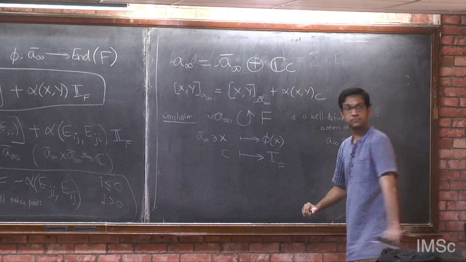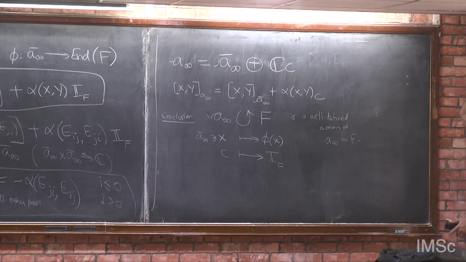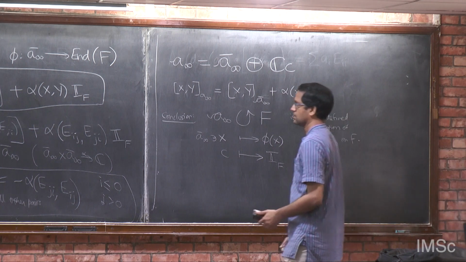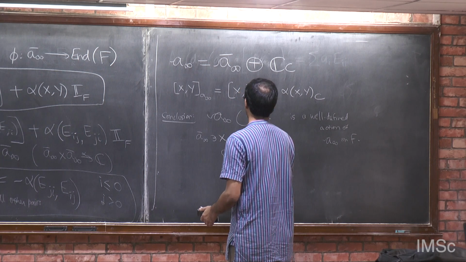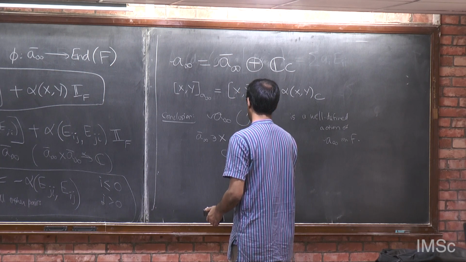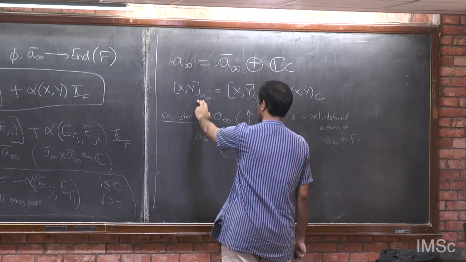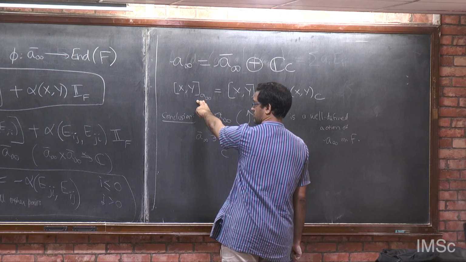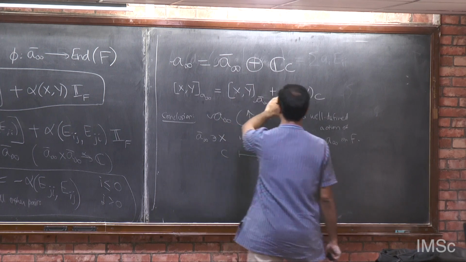Sorry, what? C should act as minus identity. Why? Let's check. Bracket of xy. So this is now the new bracket, which is the old bracket plus this, right?